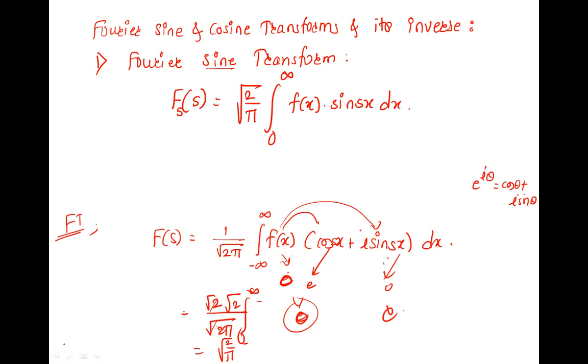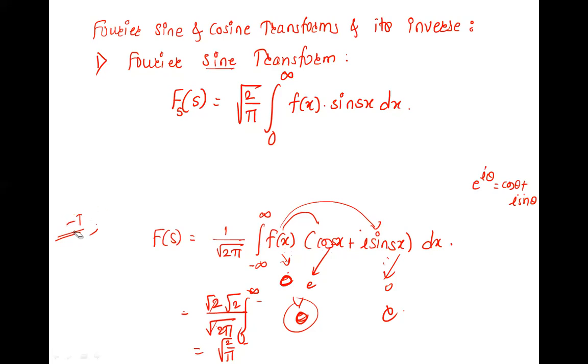This is the definition of Fourier sine transform. Here the function need not be even or odd. I just told you the example of how this happens, but it can be defined for any function. Please note it down.